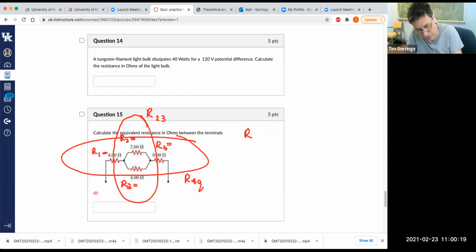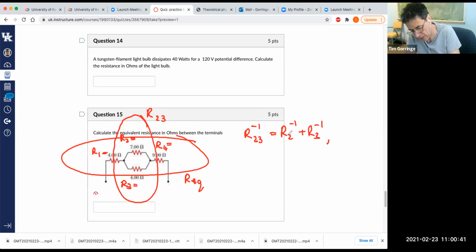Because the 2 resistors R2 and R3 are in parallel, the equivalent resistance is related to those individual resistances by this little equation here: the inverse of the equivalent resistance is the sum of the inverses of the individual resistors.